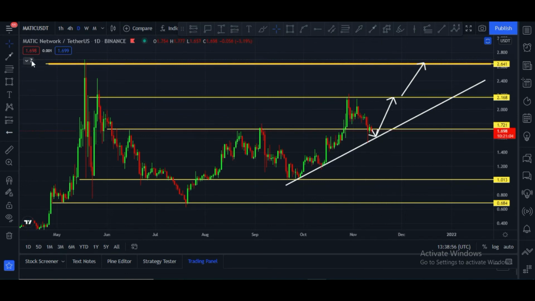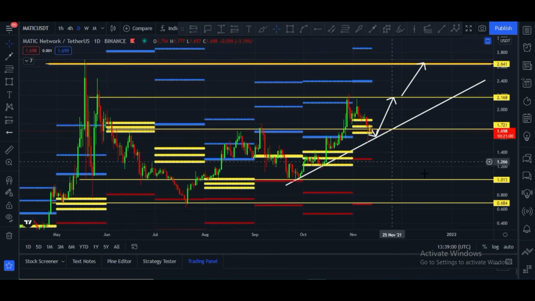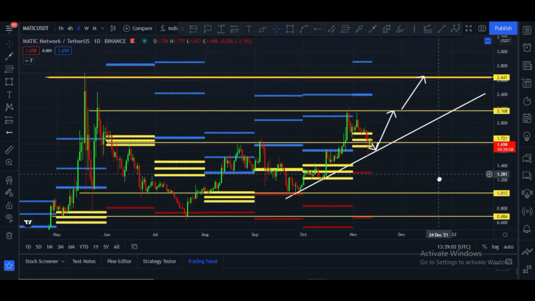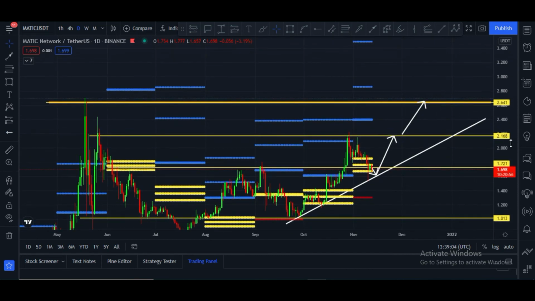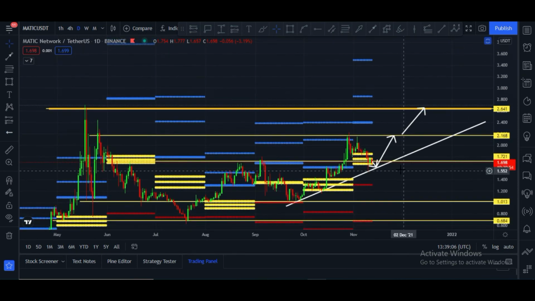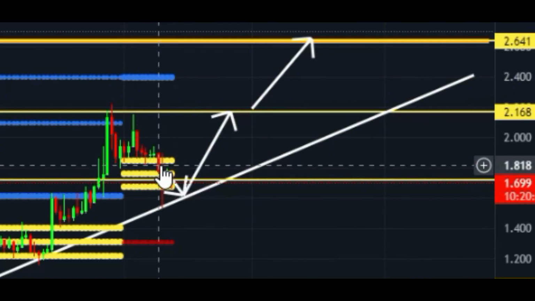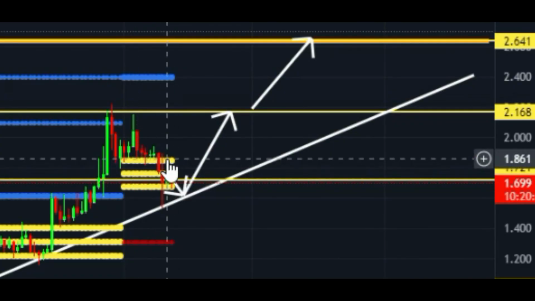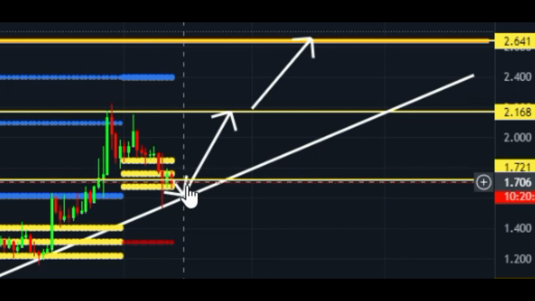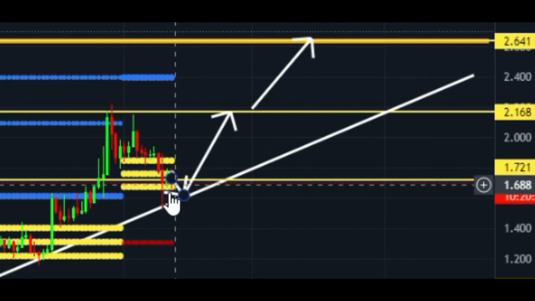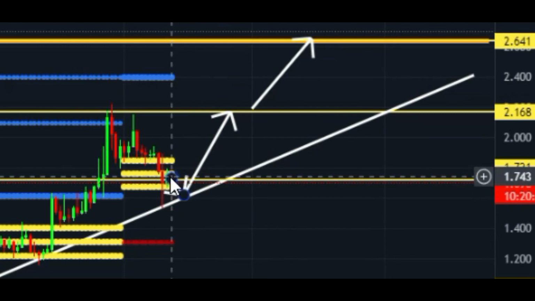And let me show you my most favorite indicator, the CPR indicator. These yellow lines are the main CPR support lines, starting from $1.86 to $1.66 price area. These are the main support lines.